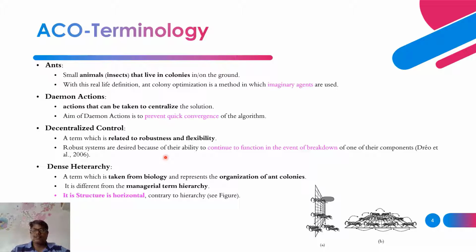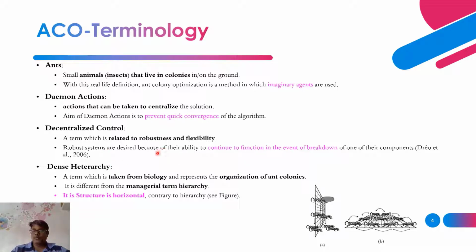Even then the actual work continues, and those missed ants come back after some time. For some reason it may have been missed from the path line, then again it comes back. That means if one or two elements break, the system still has to run, and that tells you the robustness of the system. So that's a very important characteristic for any optimization process.